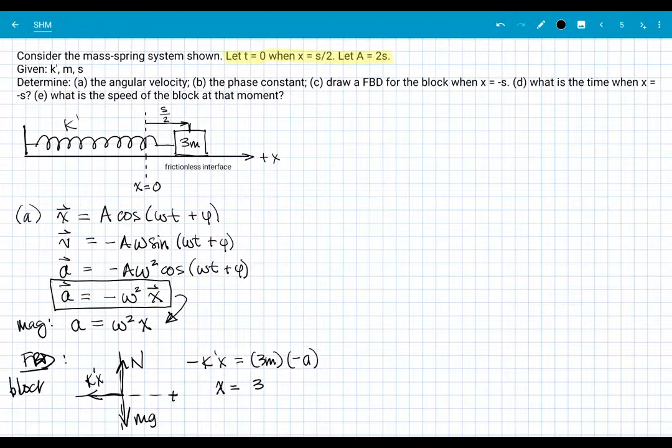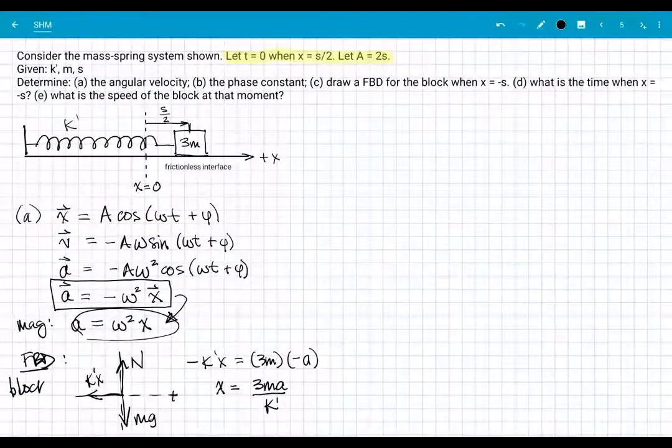I can solve this equation for x. x is equal to 3m a over k prime. And then I'm going to go back to this magnitude equation that I found right there.